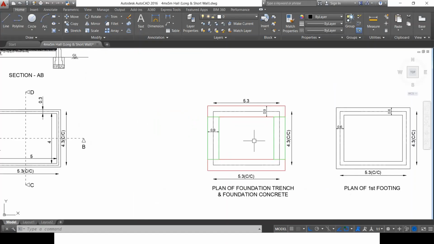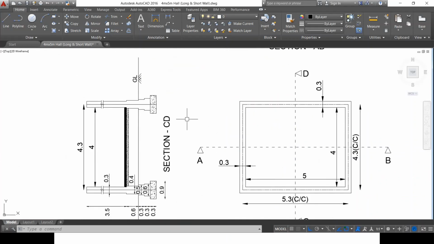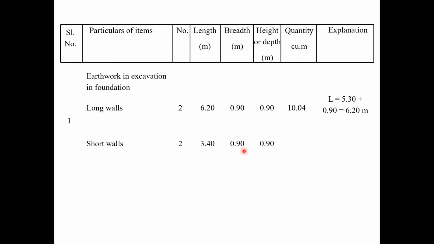I go back here and I'll show you the same excavation. Here also the width of the foundation is 0.9 meter, which is already shown. The depth from the natural ground level is 0.9 meter. So width and depth remain same as in case of long wall and short wall. So width is 0.9 and height is also 0.9.